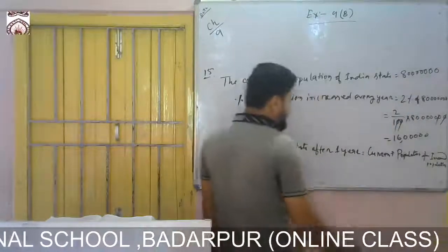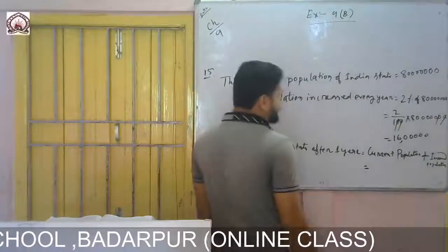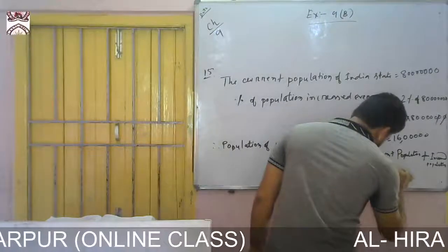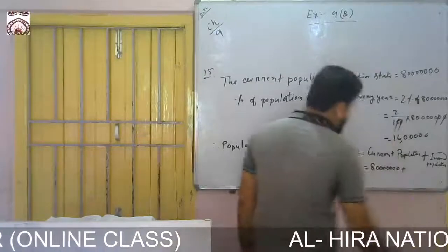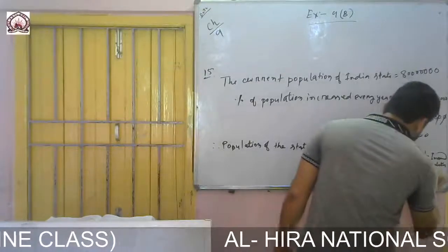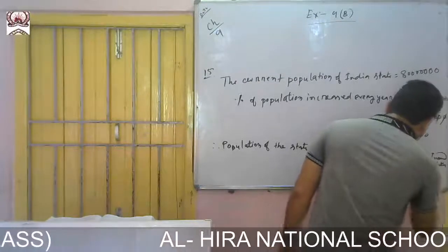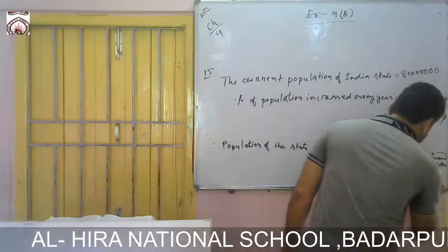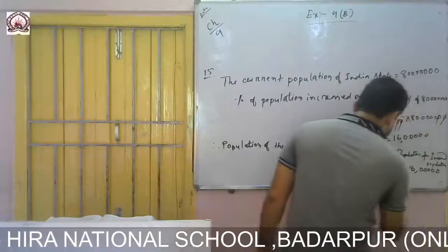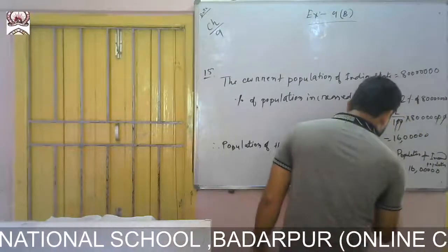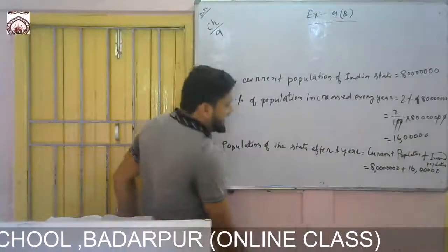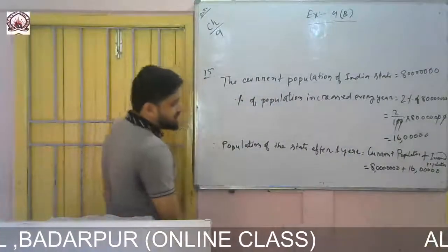Okay. So current population was 8 crore plus increased 16 lakh. So it will be 8 crore 16 lakhs.